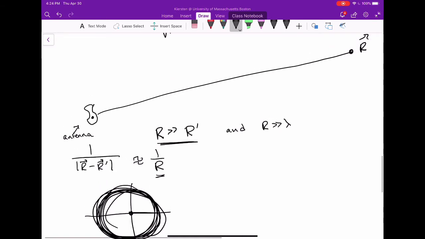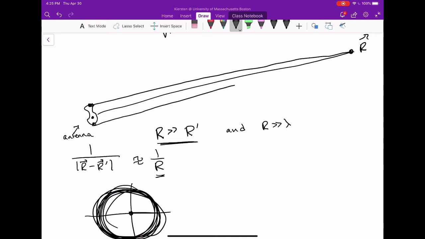And the way we simplify it is by noticing that all of the rays from any particular value of R prime to our observation point R on the antenna body are almost parallel. That's the key point there.